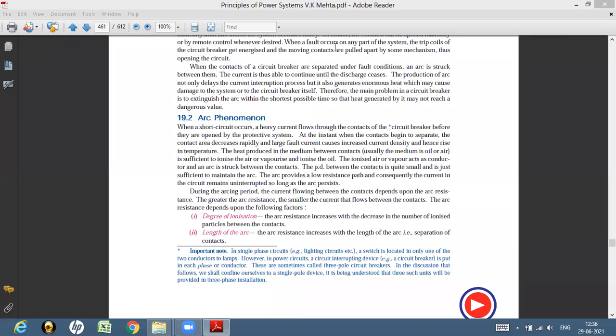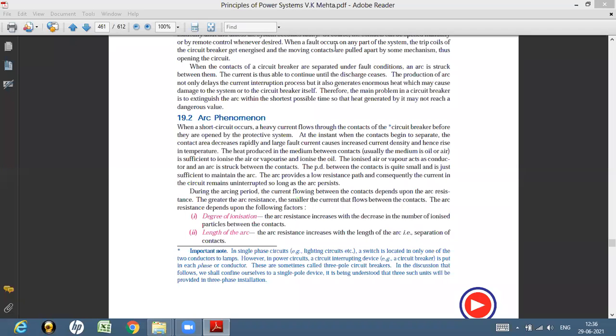The ionized air or vapor acts as a conductor, and here the arc is struck between the two contacts. There is air between these two contacts, and when a very heavy current flows between them, it ionizes the air particles, and with this ionization an arc is set up between the two contacts.